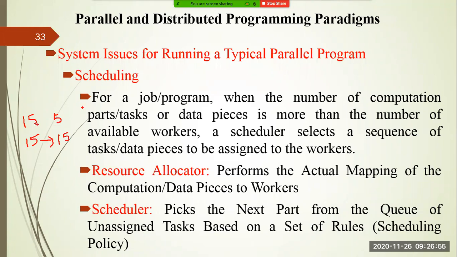You need a scheduler. What will the scheduler do? The scheduler selects a sequence of tasks or data pieces to be assigned to the worker. In this scenario, if there are 5 workers and you have 15 works, you can assign 3 works per worker.